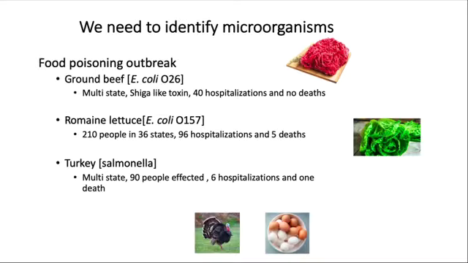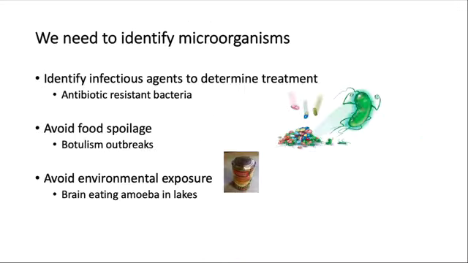You can tell whether it's E. coli O26 or E. coli O157, and then know how to deal with it. We can also use that information to tell if there is an antibiotic resistant bacteria. We can determine that to avoid food spoilage, botulism, and environmental exposure to microorganisms that may be harmful to us.